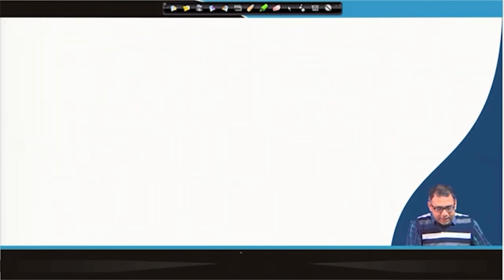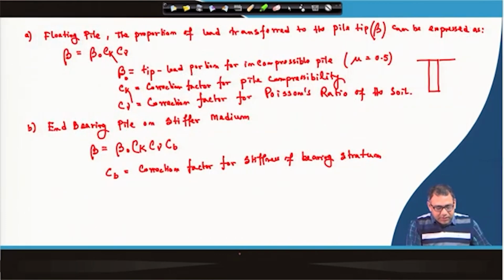This way I can calculate how much portion of the load is transferred to the tip of the pile when we apply a load on the pile. Some portion is taken by the friction, some portion by the tip. So, this beta is the portion of the load transferred to the tip.